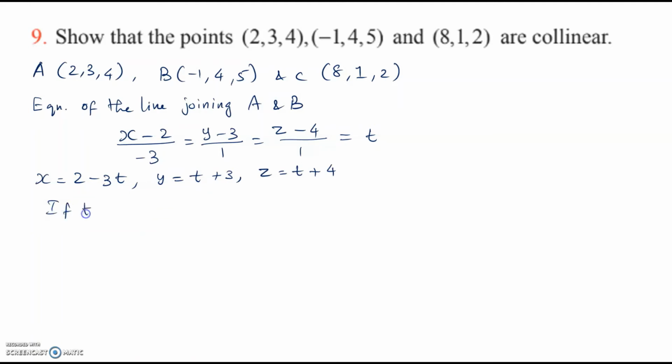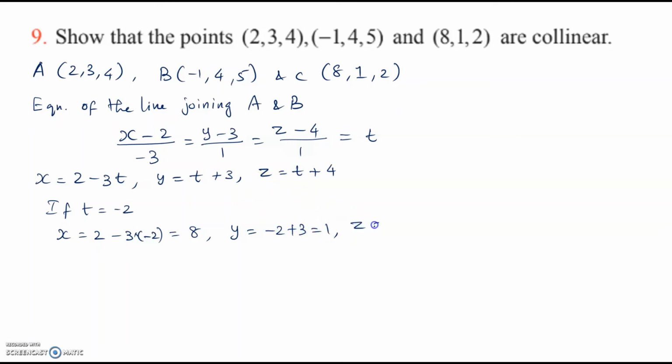If t is equal to minus 2, then your x is equal to 2 minus 3 into minus 2, which is equal to 8. And my y will be equal to minus 2 plus 3, and that will be 1.